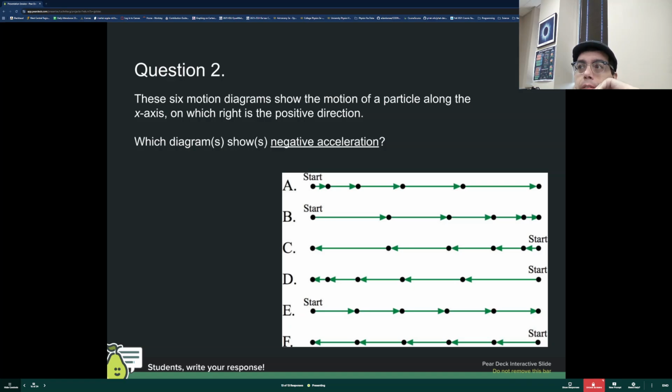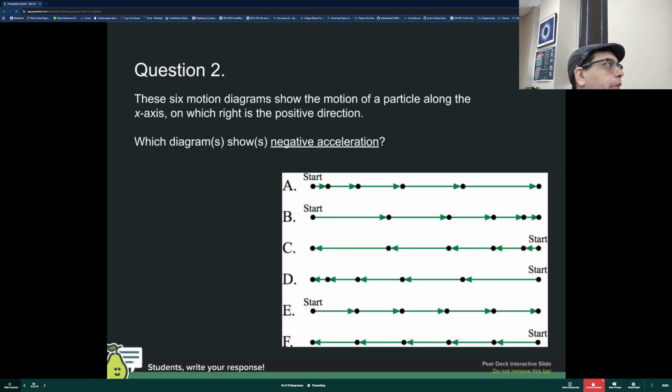Because it's moving in the positive direction, but it's slowing. Exactly. So the acceleration has to be opposite, which makes it negative. What about C? Who wants to explain C? Moving in the negative direction and getting faster. Yep.